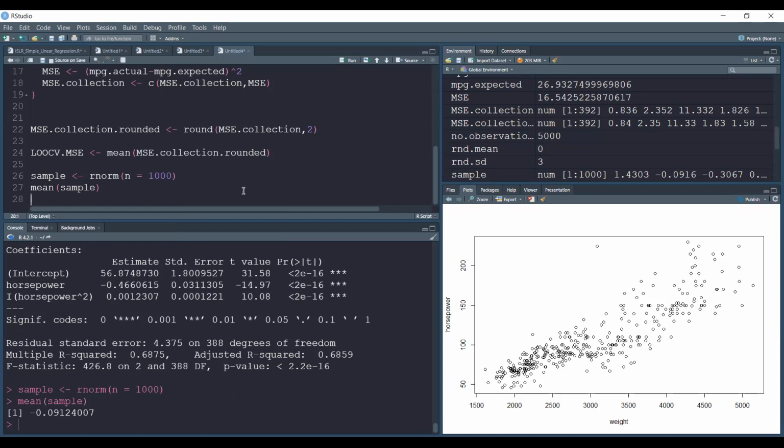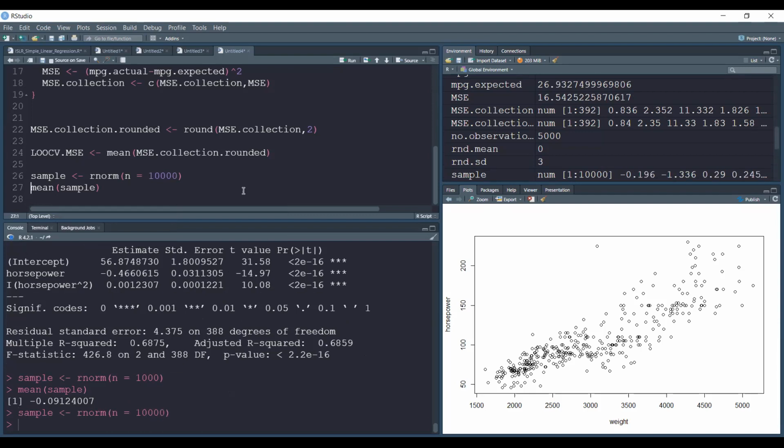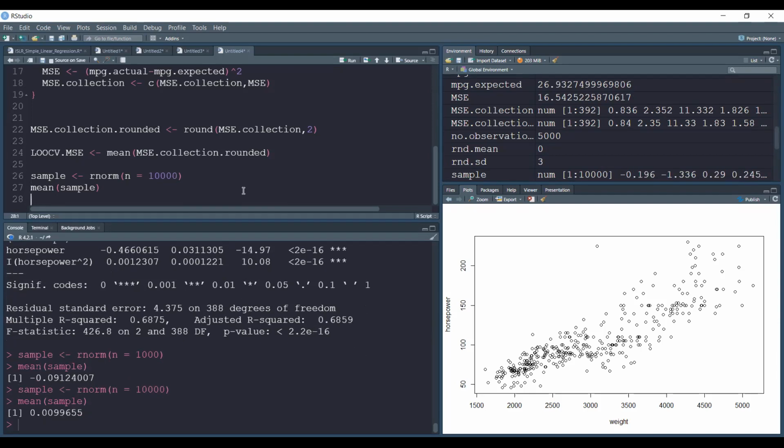In fact, it's negative 0.09. If I took 10,000, taking more observations, now it's closer to 0 by a whole order of magnitude.